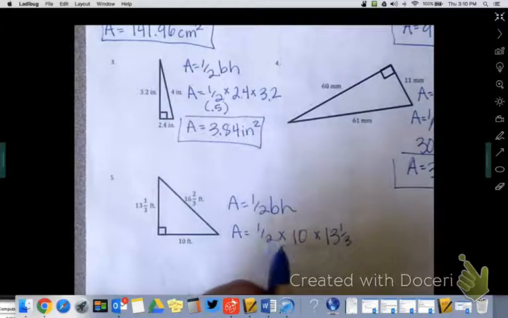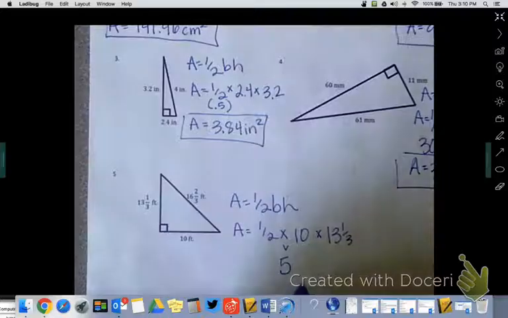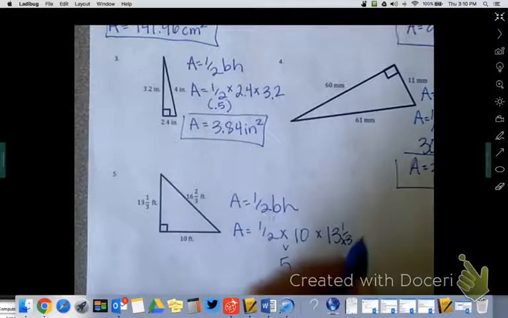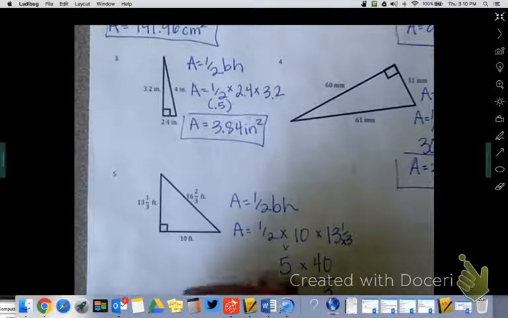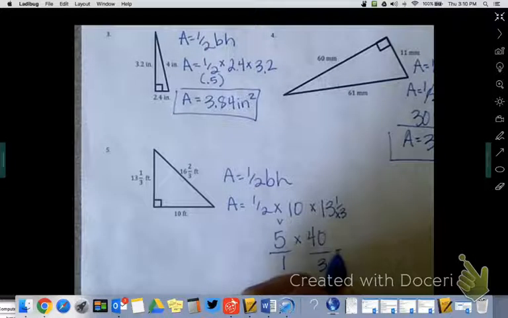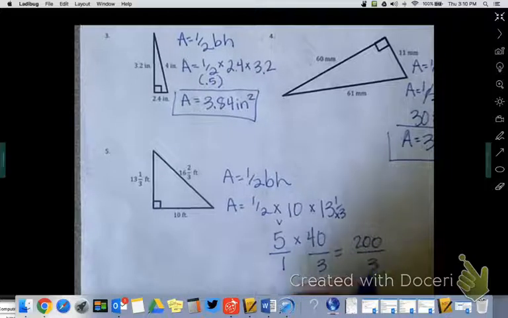Half of 10 is 5. I'm going to multiply that by 13 and 1/3. So I'm going to multiply 3 times 13. I get 39. I add one more and get 40 over 3. I'm going to go ahead and put that 5 over 1. I cannot cross cancel, so I multiply across and I get 200 over 3.